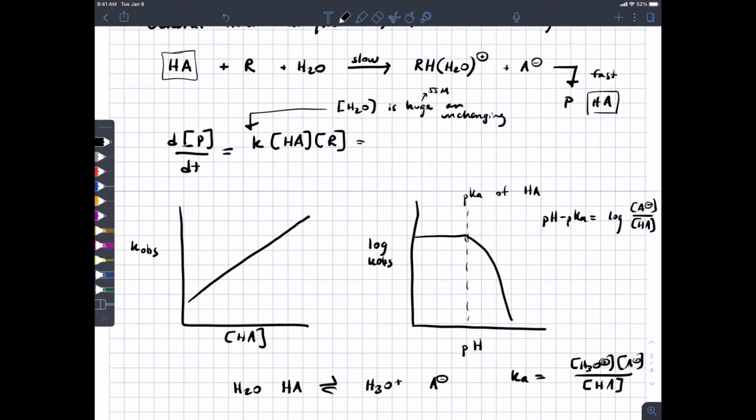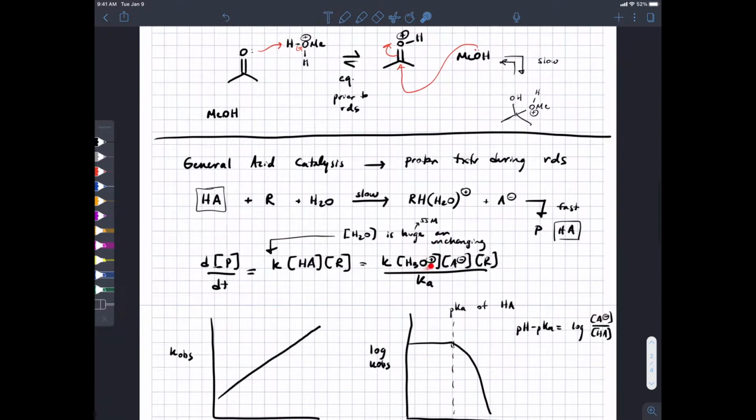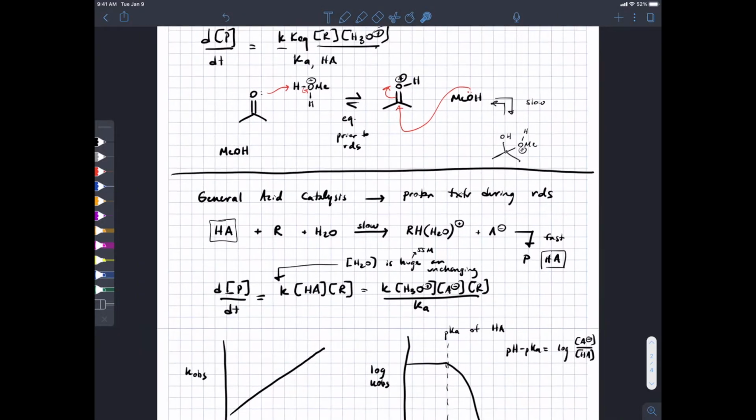You can substitute that into this equation: k times [H3O+] times [A-] times [R] divided by Ka. And as you look at that, you might say, whoa, that looks a lot like the expression for specific acid catalysis. You have a term in there that's sort of like pH, and you said that up to a certain point pH doesn't impact the reaction.